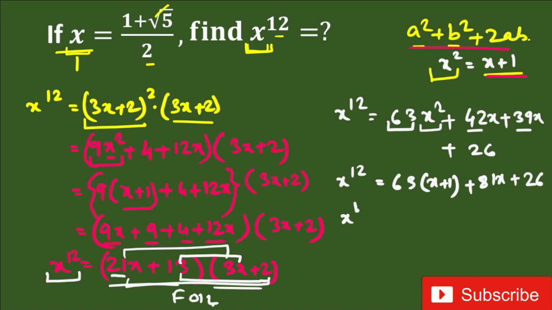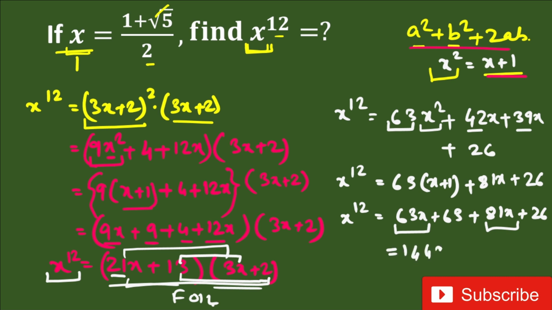So x raised to the power 12 will be 63x plus 63 plus 81x plus 26. Now we'll add x and x. Here 63x plus 81x will be 144x plus, here 63 and 26 is 89. So this is the value of x raised to the power 12.